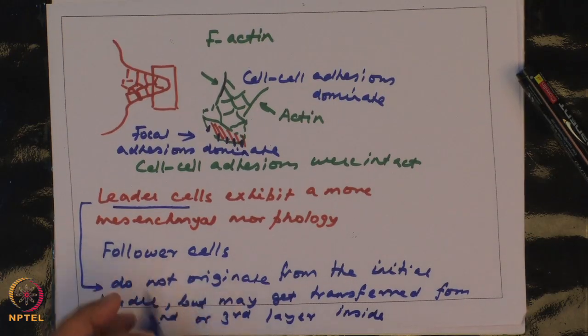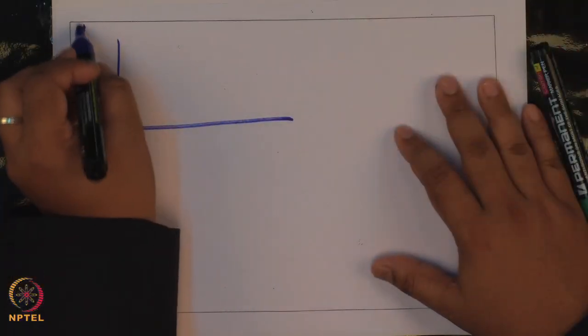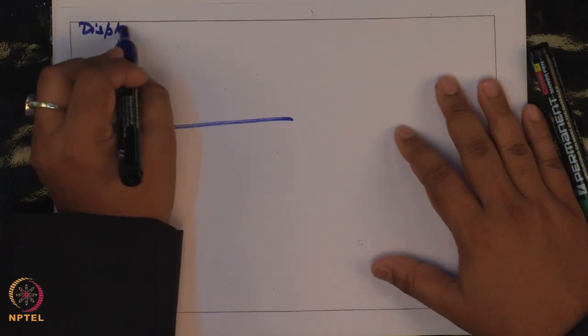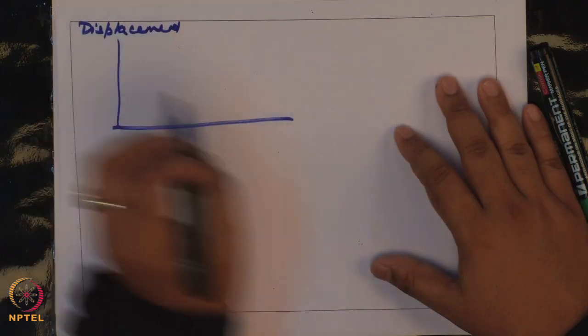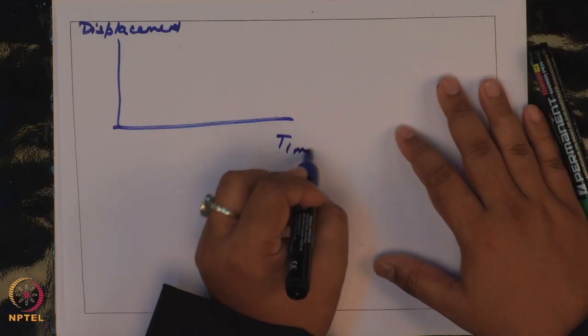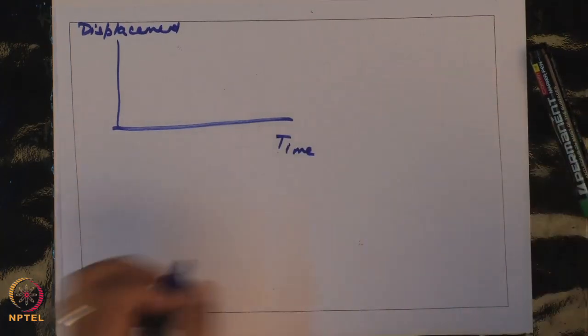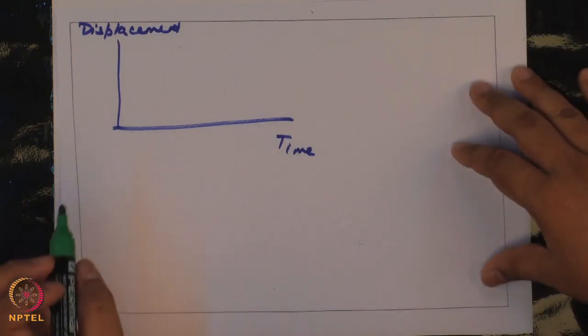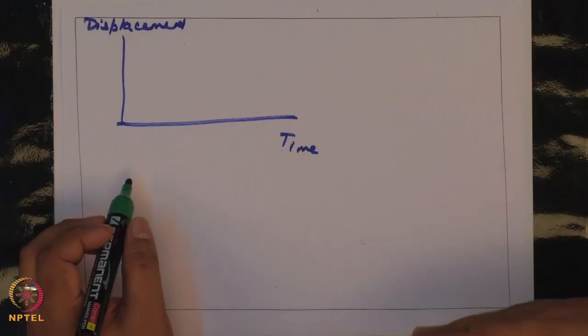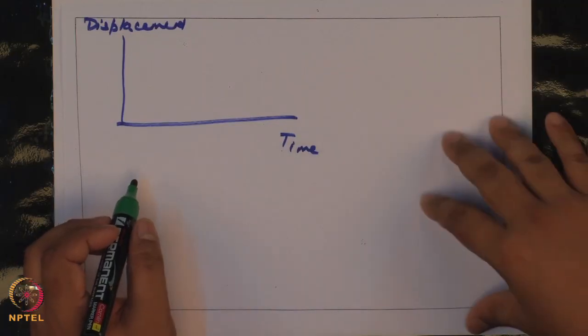Another thing was there was a notable difference in the behavior. If you plot the displacement as a function of time, you could see different behavior for the leader cells as opposed to the general cells which served as the followers.